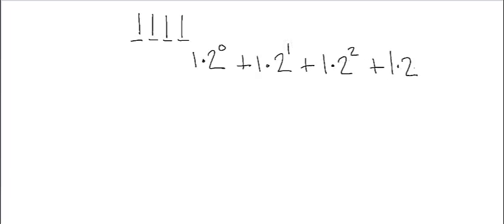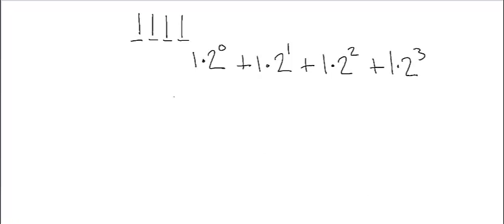Now, in our 0th position, we have 1 times 2 to the power 0, plus in our first position, we have a 1, so it's going to be 1 times 2 to the power 1, plus 1 times 2 to the power 2, plus 1 times 2 to the power 3.